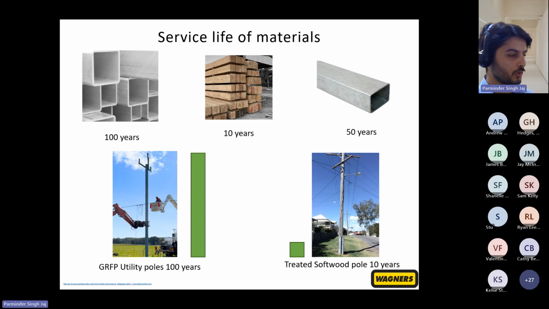So suppose you end up using a softwood treated timber product as a utility pole. You have to replace it every 10 years because it can't last in more acidic or aggressive environments. And in that case, the pole itself will have 10 times the emissions just to compete and have a 100-year design life with the pultrusion product.